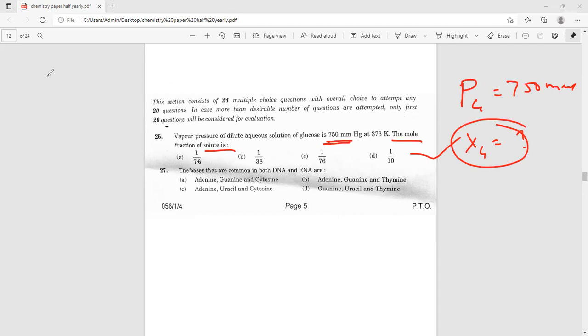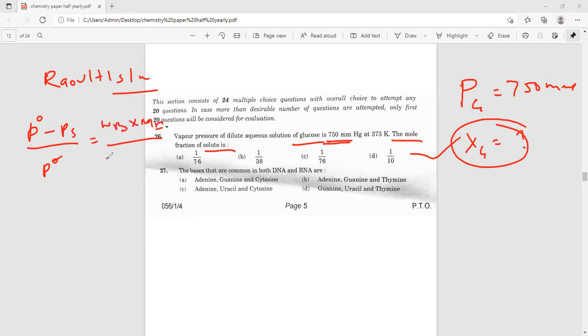Okay, so we always apply Raoult's law, and glucose is a non-volatile solute, so what will be the formula? (P naught minus Ps) upon P naught is equal to (WB into MA) upon (WA into MB), right? And aqueous solution means water is there.